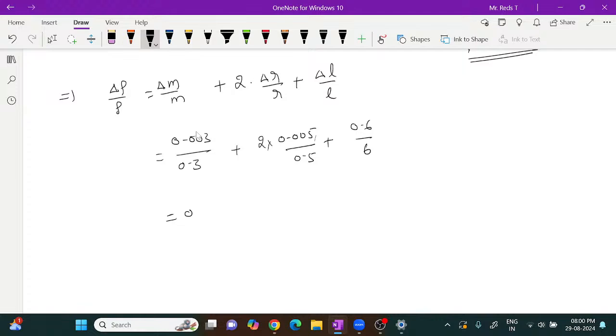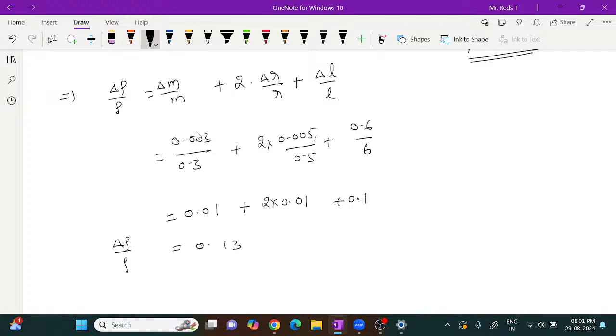Then you will get 0.01 plus this becomes 2 into 0.01, plus this is 0.1 anyway. So 0.01 into 2 is 0.02 plus 0.1. It gives 0.1, 2 plus 1, 3, 0.13 is delta rho by rho.